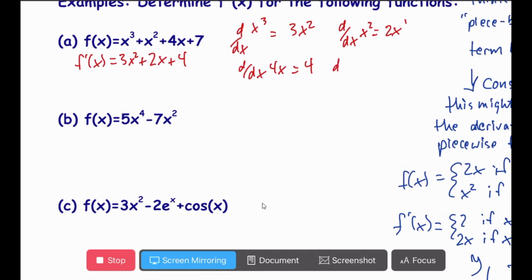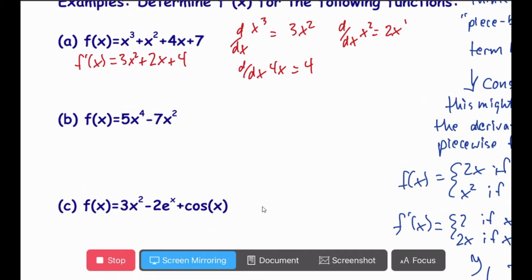And what's the derivative of a constant? Well, let's think about it this way. Sorry, that's not right. We can't do that because there is no variable.